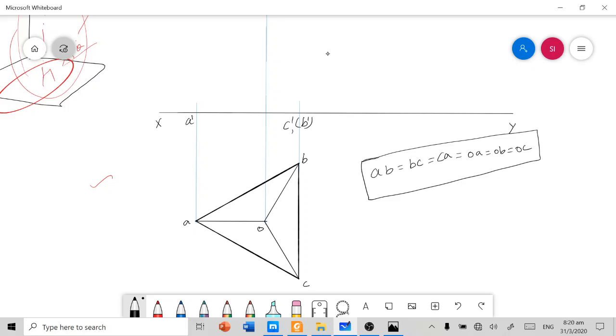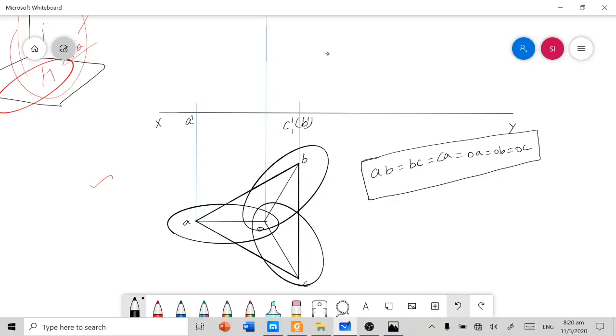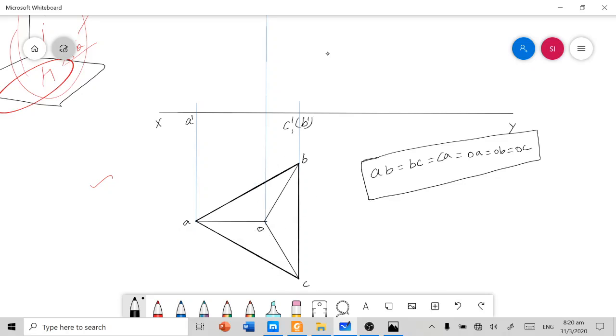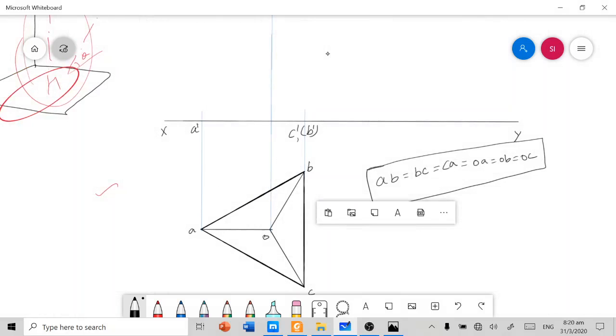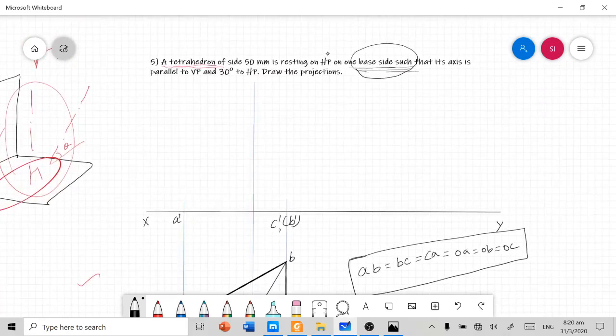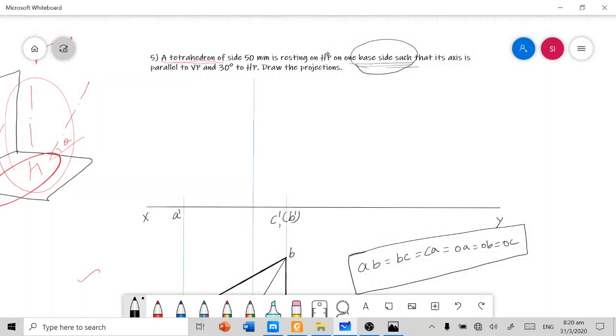But you can note one thing, the slant edges OA, OB, OC are not showing their original length in the top view, but in the front view, out of OA, OB, OC, the edge OA can show its original length because the edge OA is parallel to the VP.